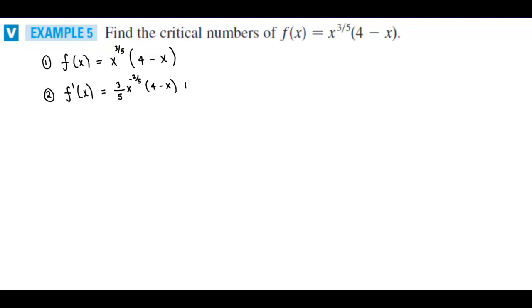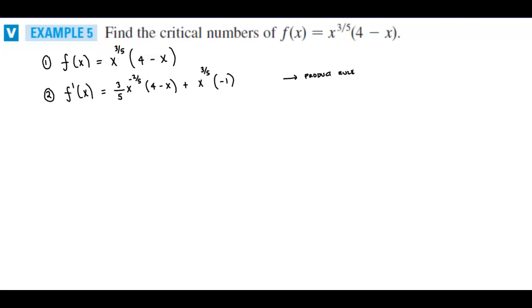And then it's going to be plus, we know we have x to the 3/5, and we want to take the derivative of 4 minus x, which becomes negative 1. So again, just so that we know, we use the product rule to find the derivative of this function.